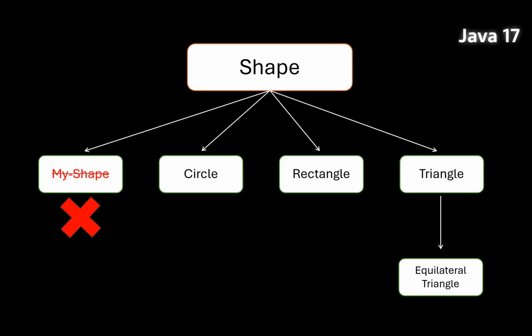You want only the circle, rectangle, and triangle classes to implement the shape interface and not any other classes. You also want some of these classes not to be extended. However, you want a few other classes open for extension. So for this purpose, we have the sealed classes concept in Java 17.